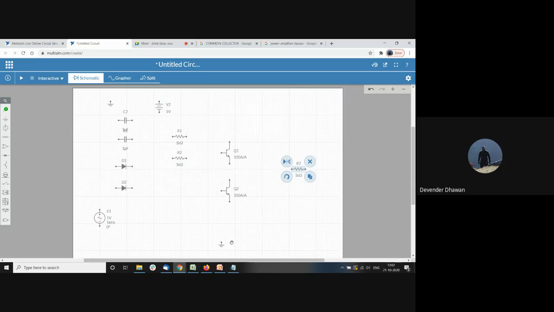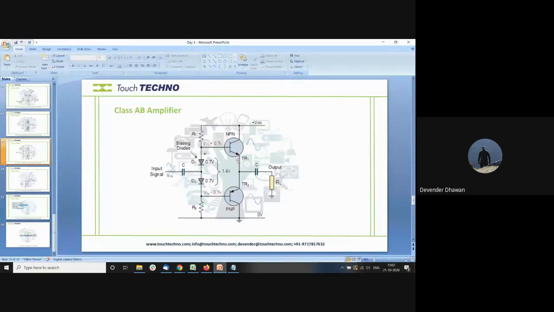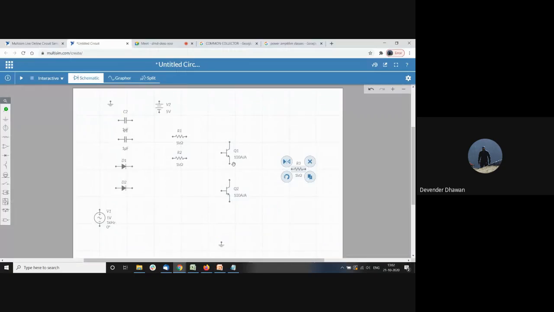So now let's connect this in sequence. Parallel is this connected.